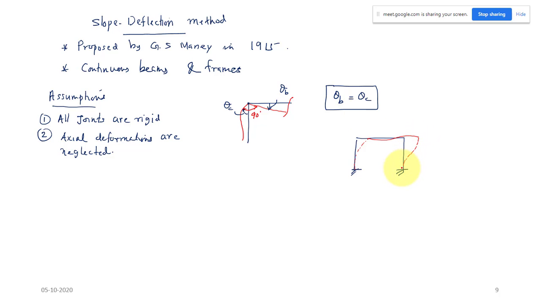If you see this column top, there is some horizontal displacement or translation, delta 1, and in this column top also we have some translation, delta 2. All this we discussed already, you must be knowing, in the degree of freedom and kinematic indeterminacy calculation.